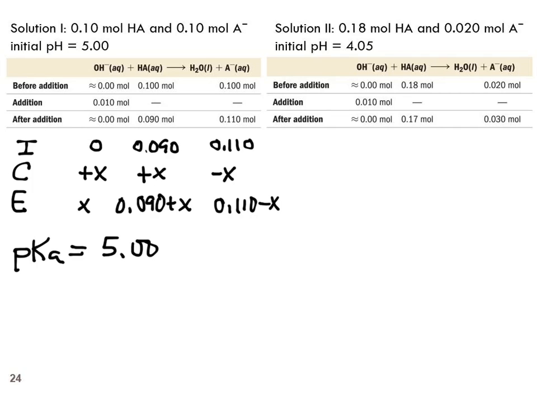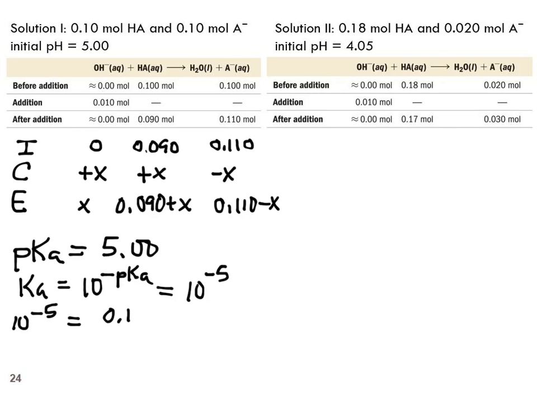Well, the Ka is equal to 10 to the negative pKa. So that's pretty easy. That just ends up being 10 to the minus 5. So 10 to the minus 5 equals 0.110 minus x divided by x times 0.090 plus x.